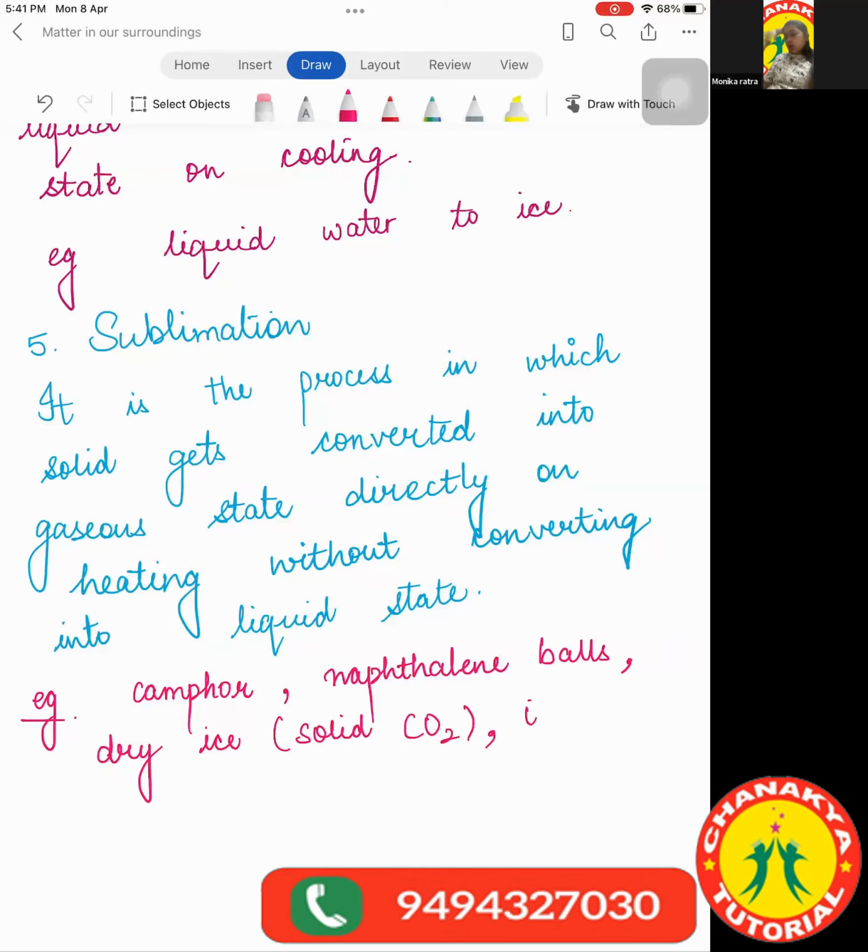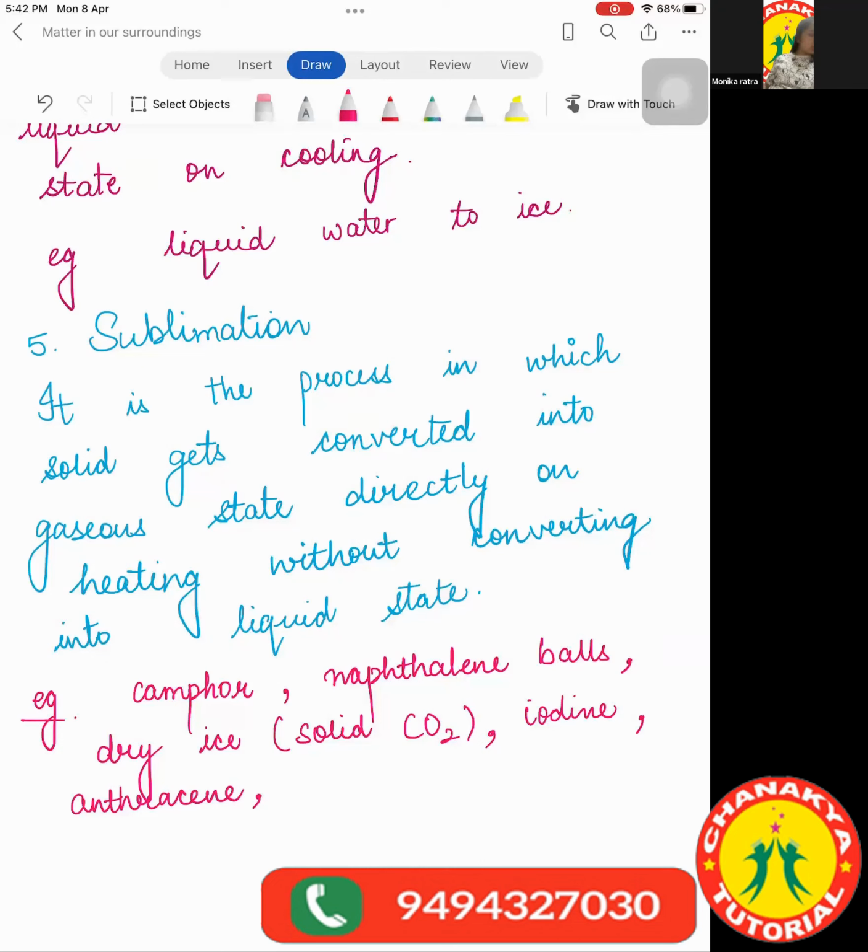Then next is iodine. Then anthracene. There are one or two more examples. Let me just think. Camphor, naphthalene. Anyone else knows any other example of sublimation? Ma'am, air fresheners. Air freshener? No. Air freshener gets converted from liquid to gas.